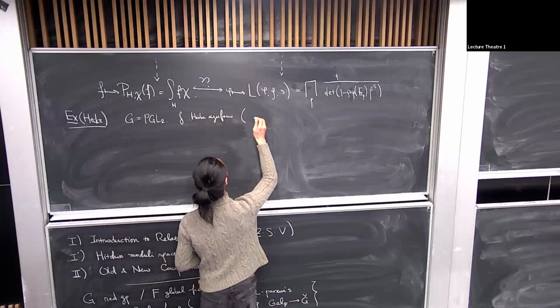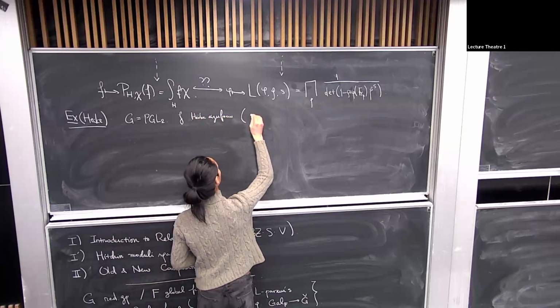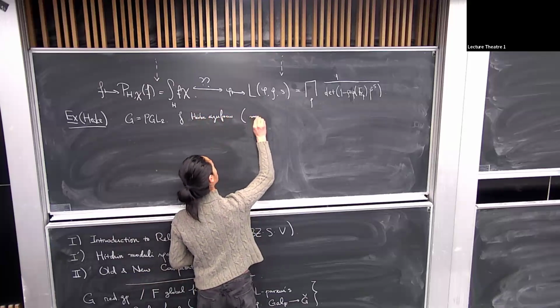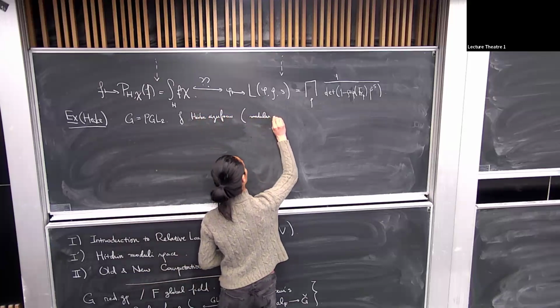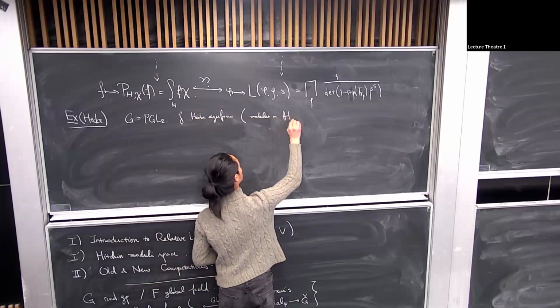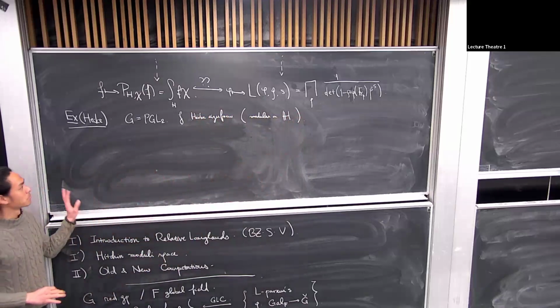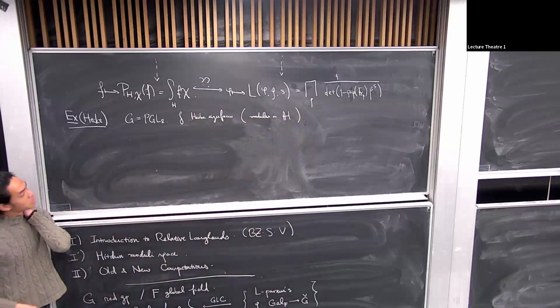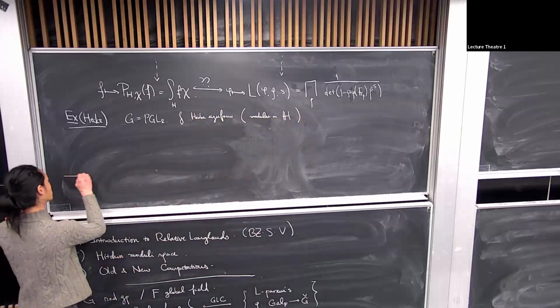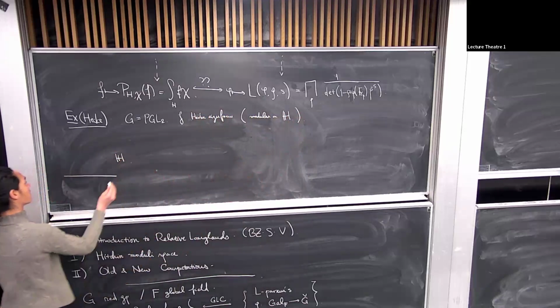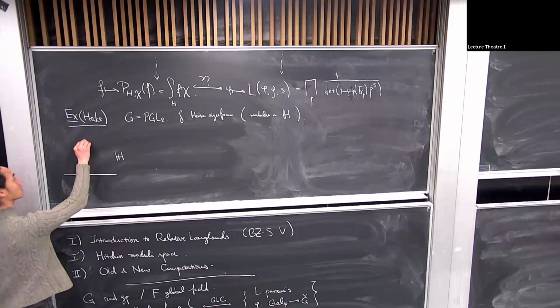In other words, I can think of it as a modular form on the upper half plane. Let me not worry about weight and level, because I'm just giving you an example, a heuristic calculation. What he did was, if this is the upper half plane, he takes the modular form and integrates it over the imaginary axis.